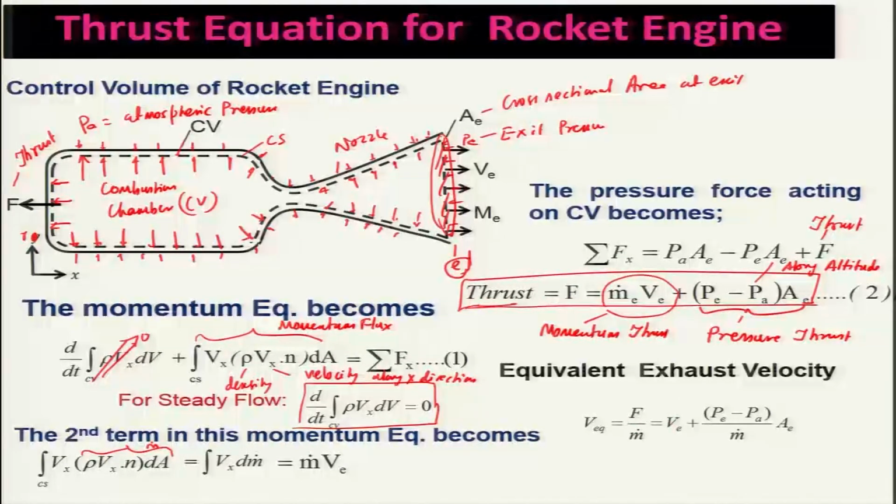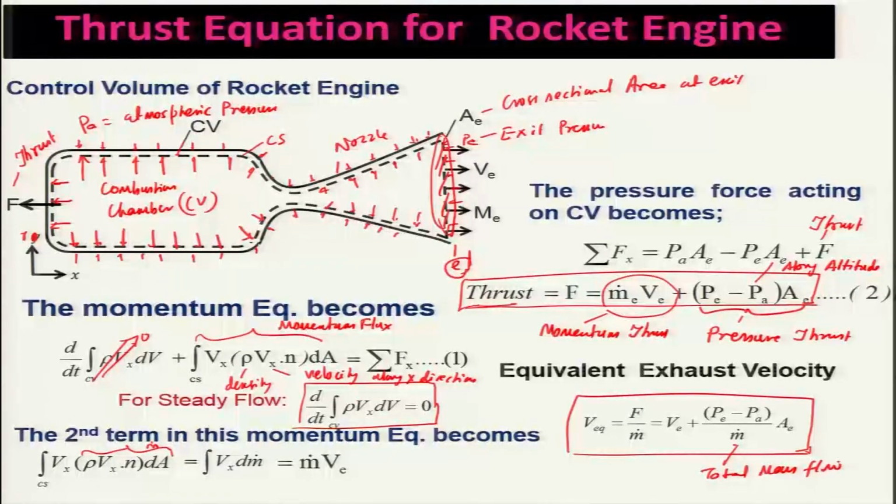If I do that, this will be V E plus (P E minus P A) A E divided by m dot. Keep in mind that this is very important, because whenever we will be looking at some terms, we can look at them in terms of that. This is the total mass flow rate of propellant.